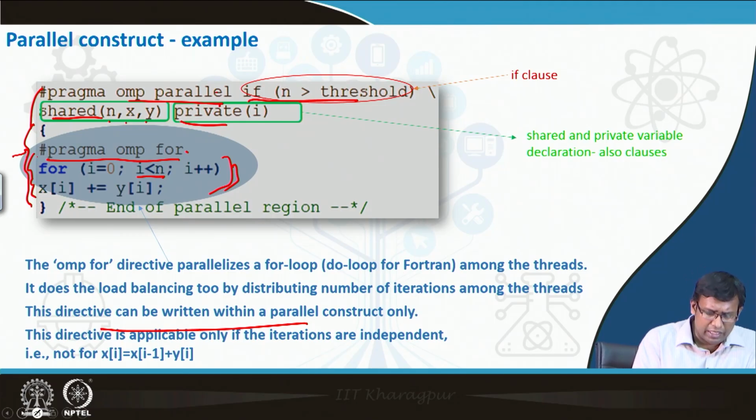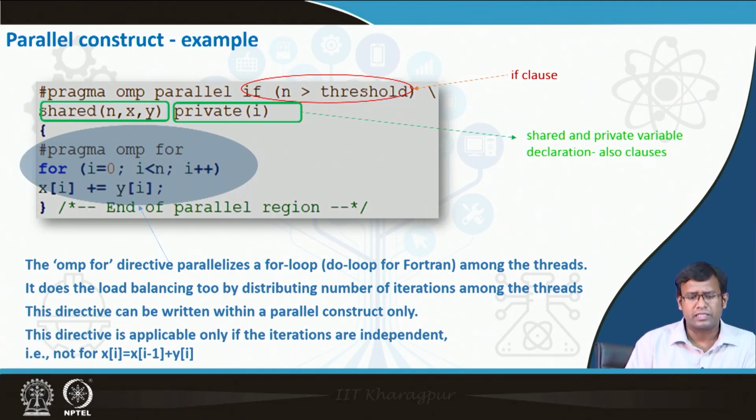This directive is applicable only if the iterations are independent. In case the iterations are dependent, say x_i is dependent on x_(i-1), we cannot parallelize it. There is no concurrency.